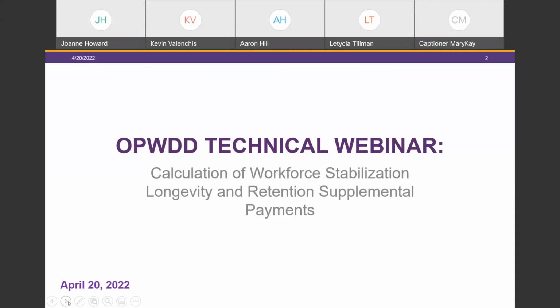We will be discussing a couple of questions first, then we will be presenting some general slides with reference to the topic, and then after that we will actually go through a PDF calculation sheet for the calculation of the longevity and the retention payments.